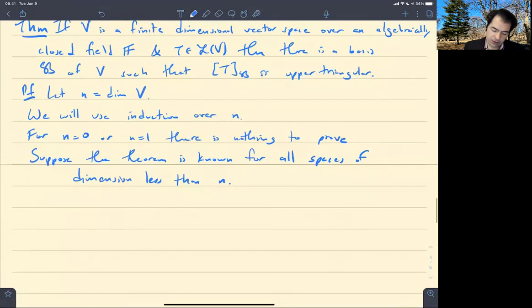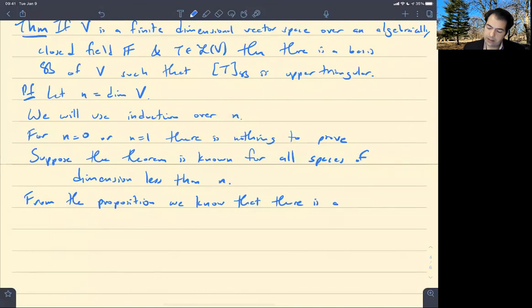Okay, so from the proposition, we know that there is a v not equal to 0 such that T of v is equal to lambda v for some lambda in the field.